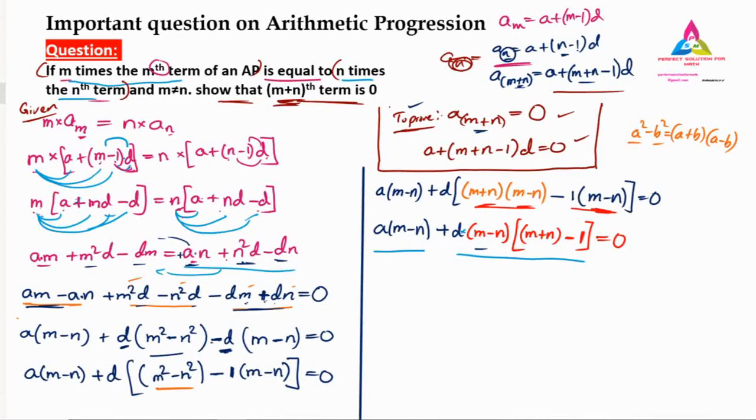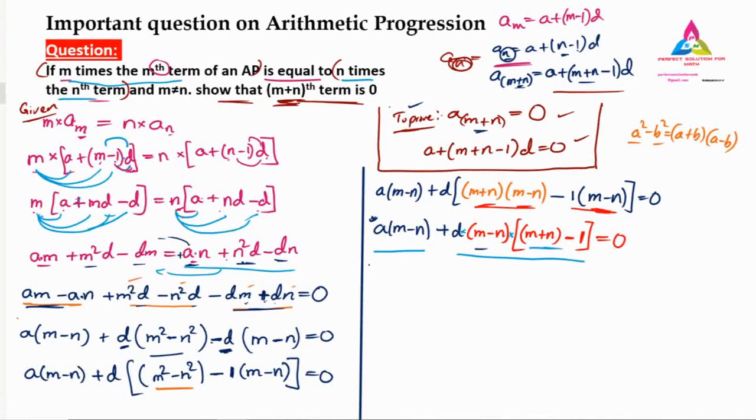Here we have a multiplication, here we have a multiplication, and these two are inside the bracket. There will be no change in that. So here again we have a multiplication, so I can take common again. Within one step we can take common. This step is actually not needed, but I have written it so you can understand how that m minus n is taken outside. That is the purpose of this one step.